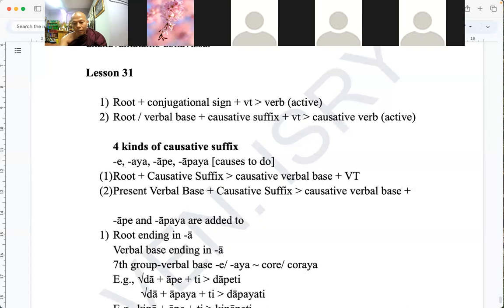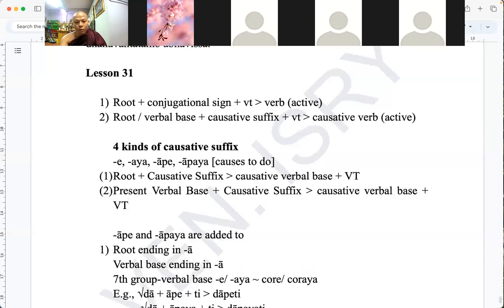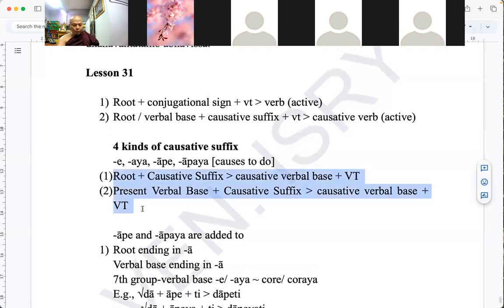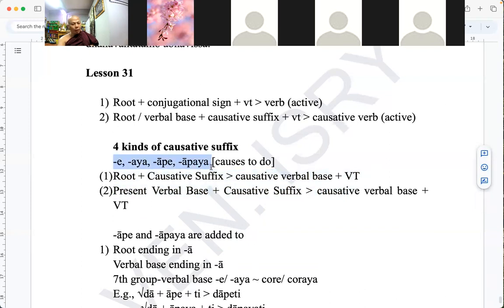After that, maybe verb terminations. So mainly we have two ways: to the root, and to the present verb base, by adding those causative suffixes, one of them: e, aya, apei, apaya. So we can form that causative verb.